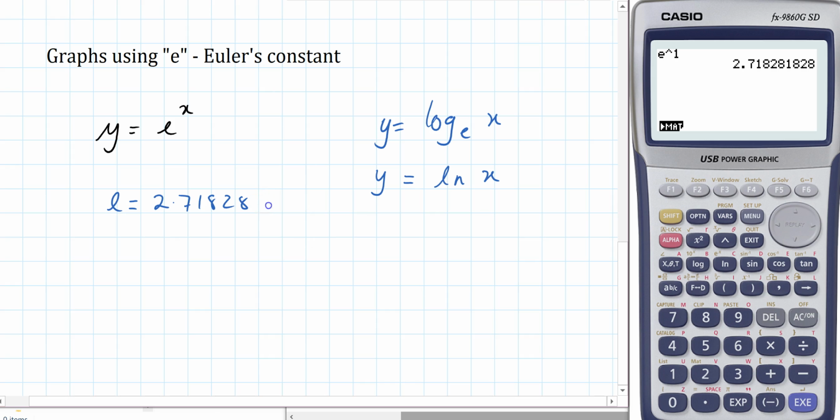Looks something like that, and it keeps on going. Now, it can be used in an exponential situation. It can also be used in a log situation. So we're going to have a look at those two and see what they look like.